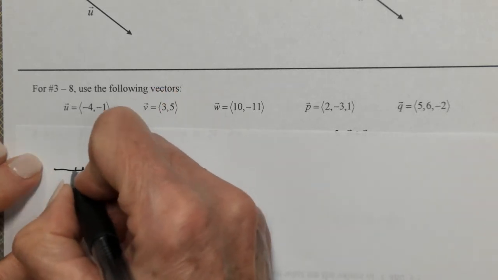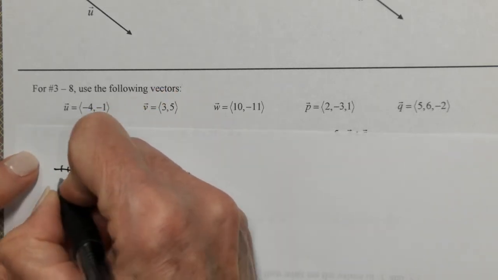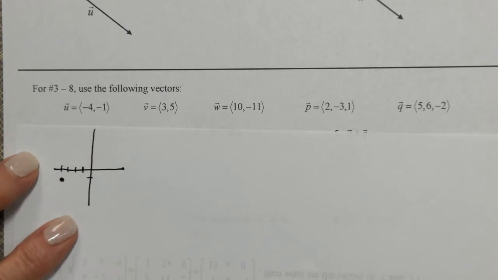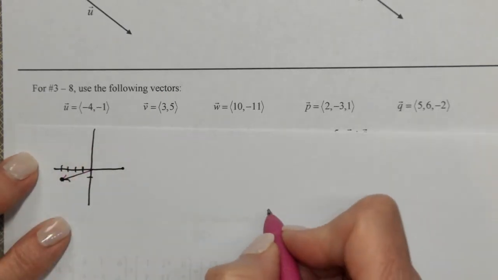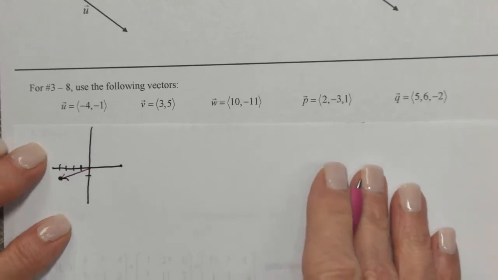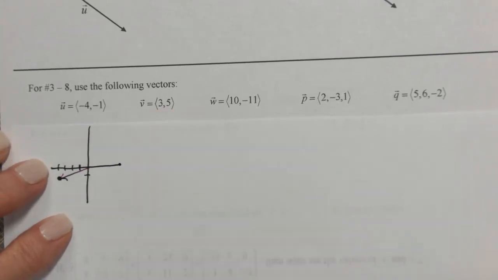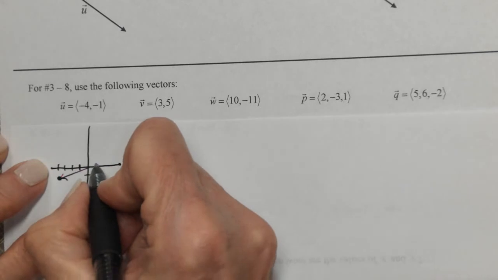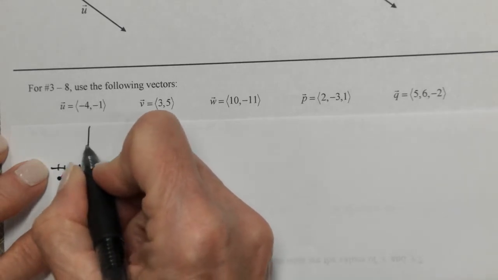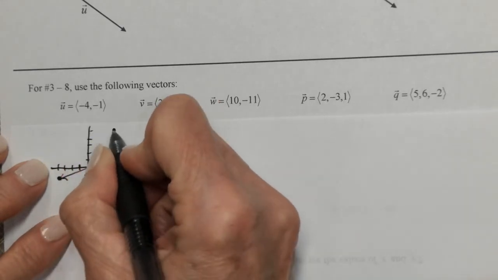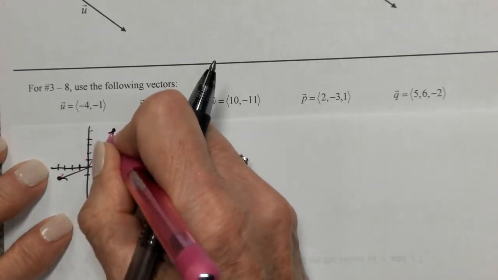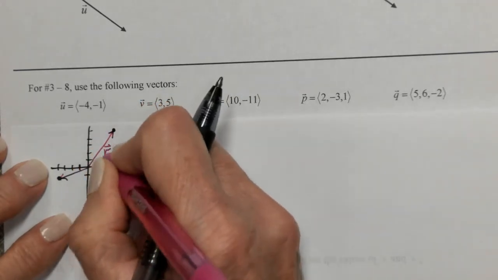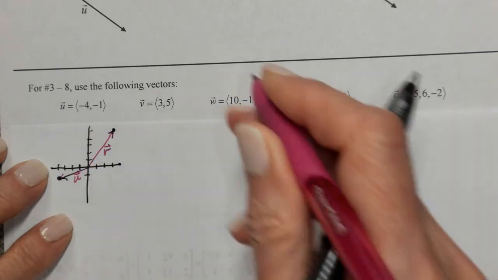So -4, -1 is right here, and the vector looks like that. For v it is 3, 5. So 1, 2, 3, and 1, 2, 3, 4, 5. So v looks like this. There's vector v, there's vector u.